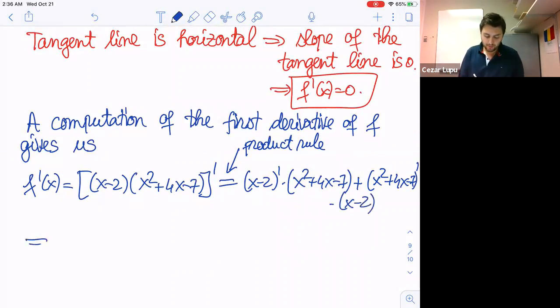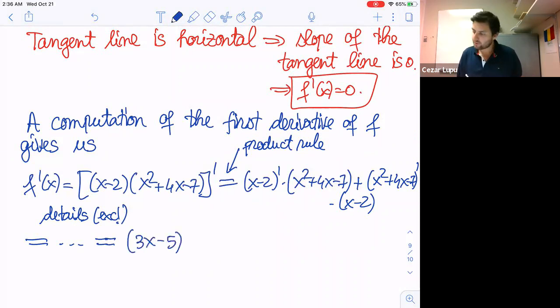And after some computations, again, the devil is in the details, I'll leave these details to you as an exercise. This will be equal to 3x minus 5 times x plus 3.